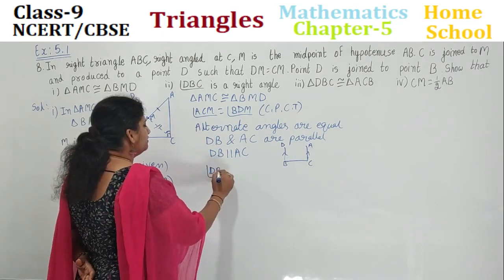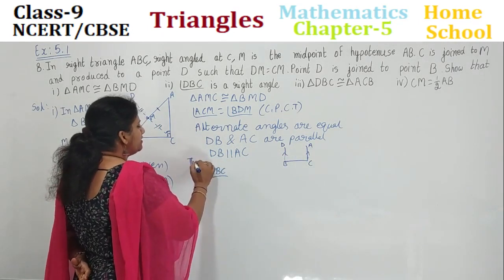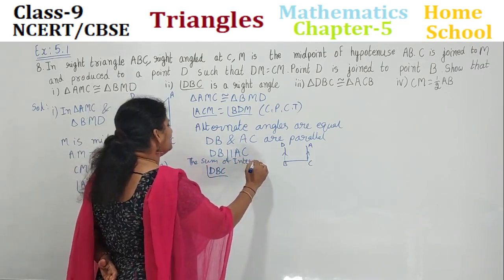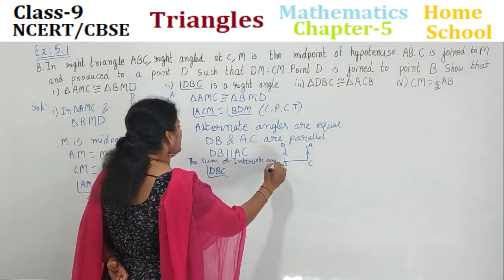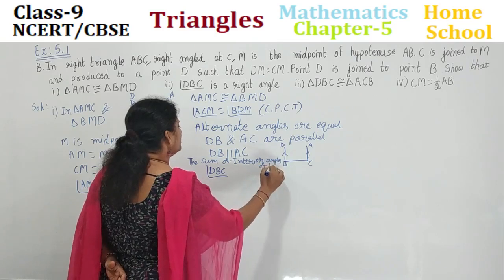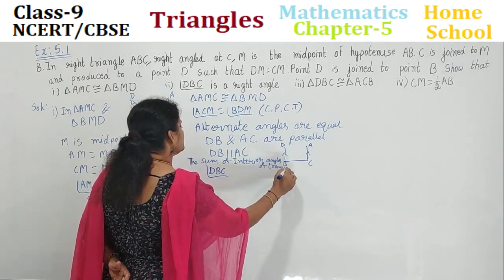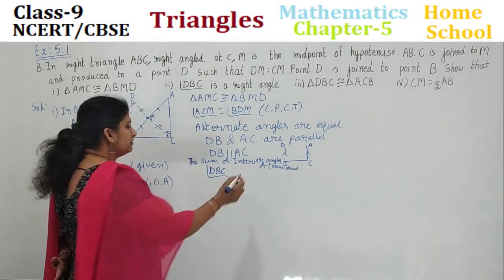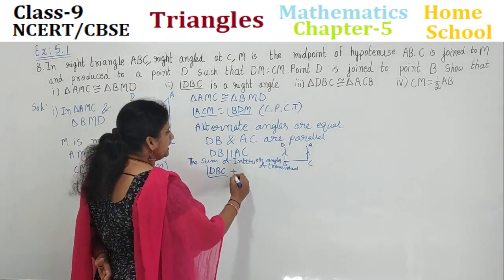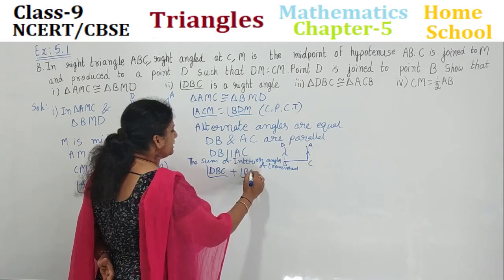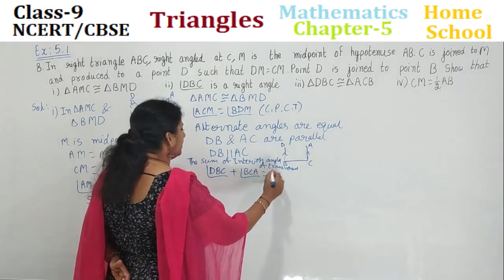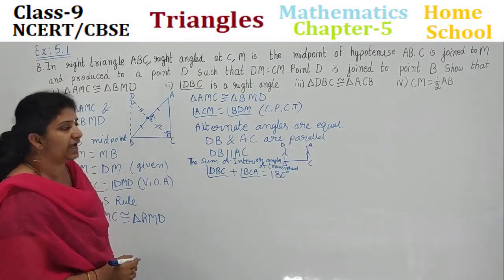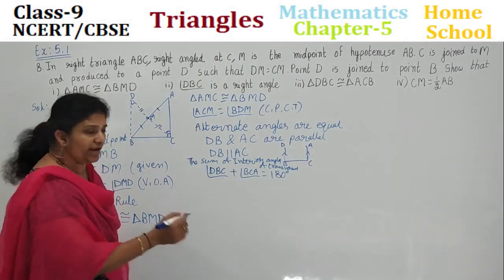You can write the statement: the sum of interior angles of a transversal. BC is also a transversal. Angle DBC plus angle BCA is equal to 180 degrees. The sum of the interior angles of a transversal will be 180.